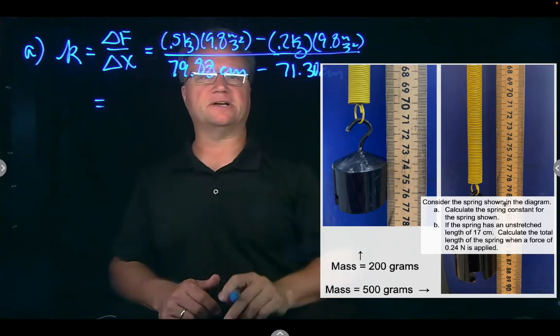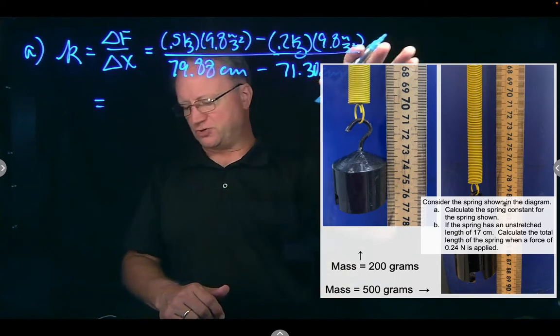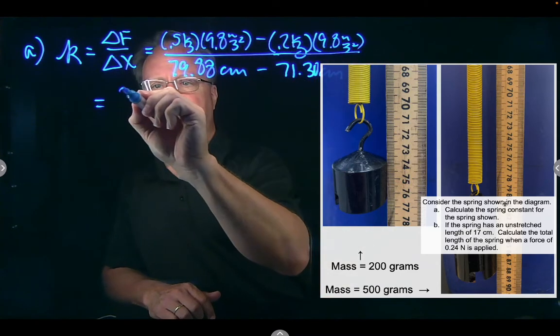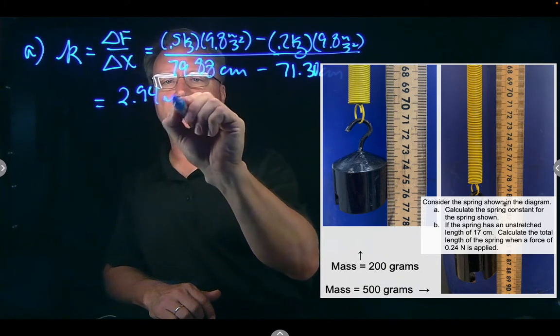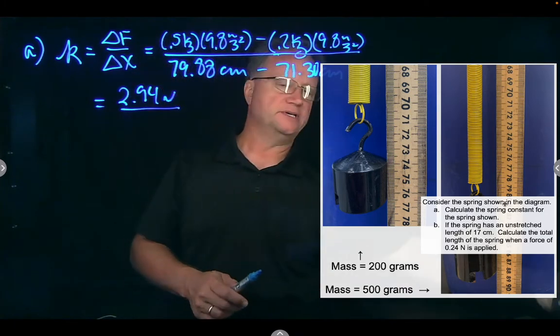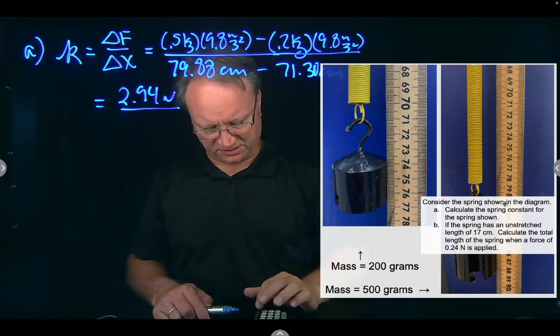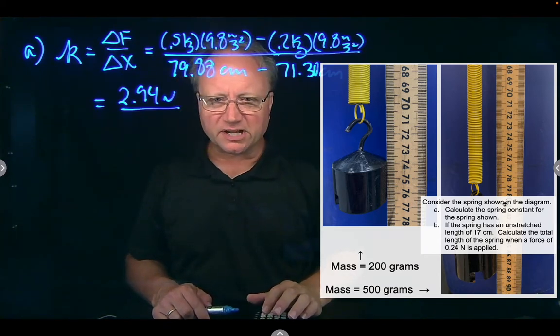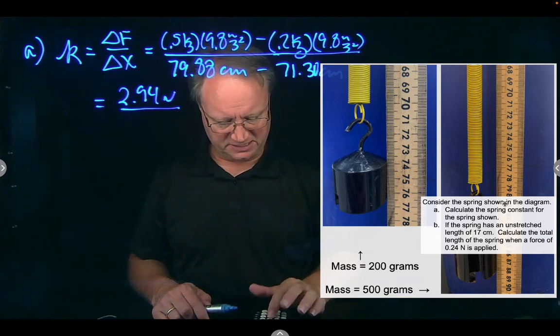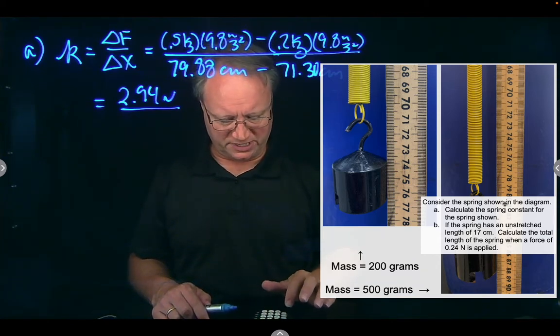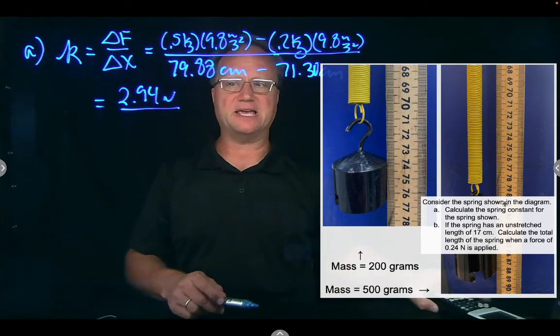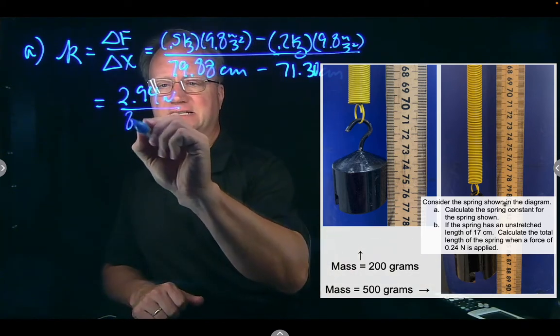So if we calculate this spring constant, subtracting our forces on the top, that's going to give us 2.94 newtons. Subtracting the values on the bottom, that is our 79.88 minus the 71.3, it gives us an 8.58.